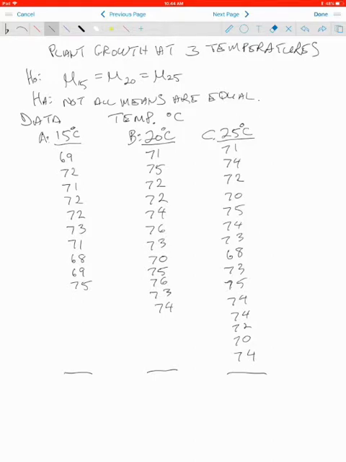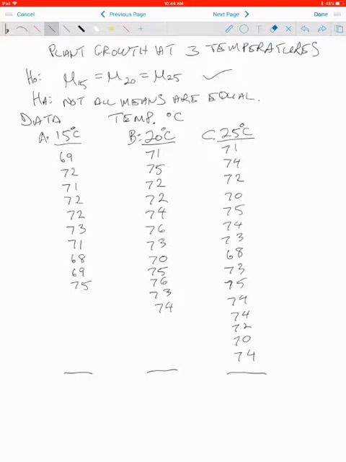So the null hypothesis is the usual one for analysis of variance, that the true mean height of plants grown at 15 equals that of those grown at 20 equals that of those grown at 25. And the alternate hypothesis can be stated as not all means are equal, or at least one of the means differs. I normally write out the alternate hypothesis in words rather than using symbols.